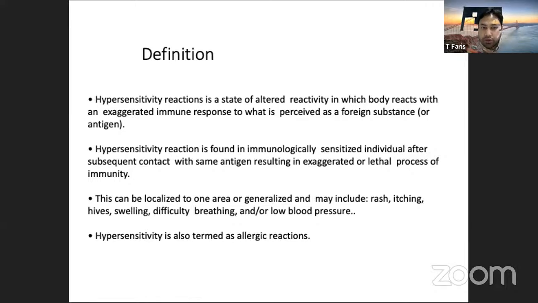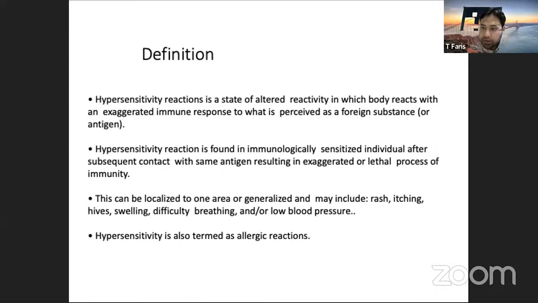In other words, this keeps happening continuously until your body already has the information to attack or counter the antigens.